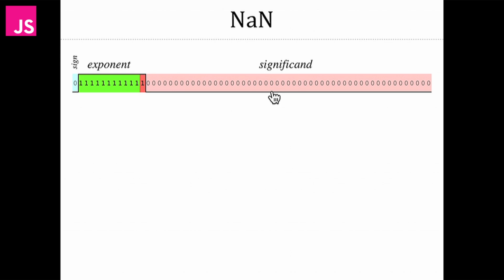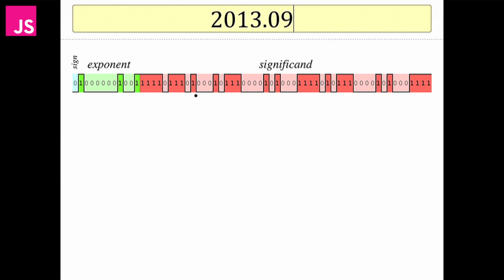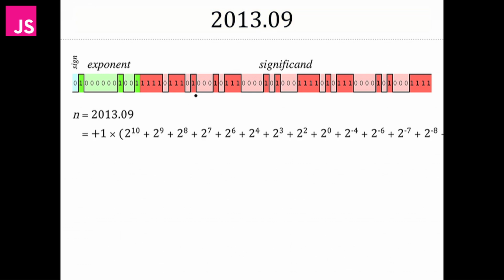Yeah, but let's get maybe back to numbers and summarize what we already heard here. So, for any given number, we can compute its value by computing the values of the significand bits with the position of the point based on the value from the exponent and the sign defining the sign of our number.